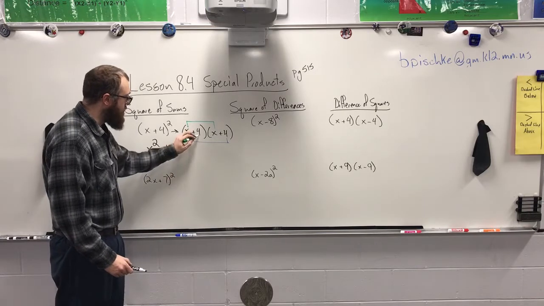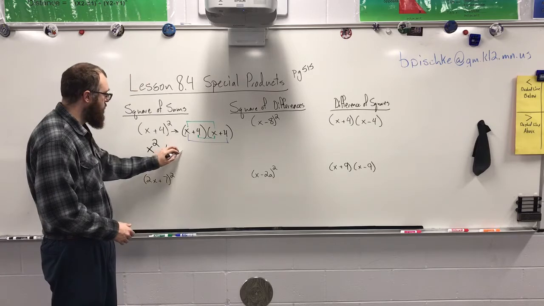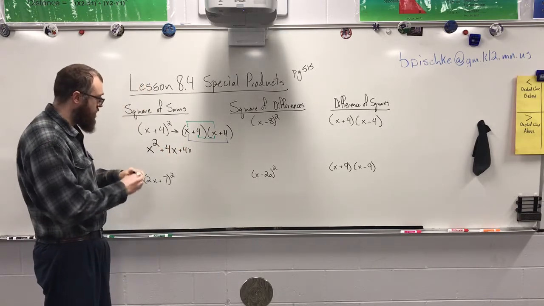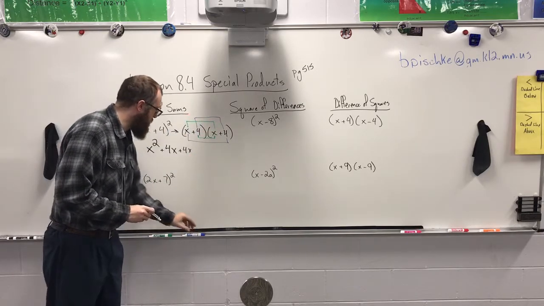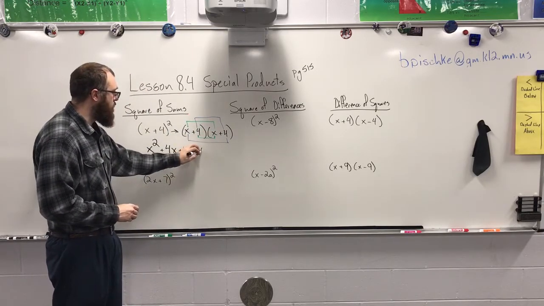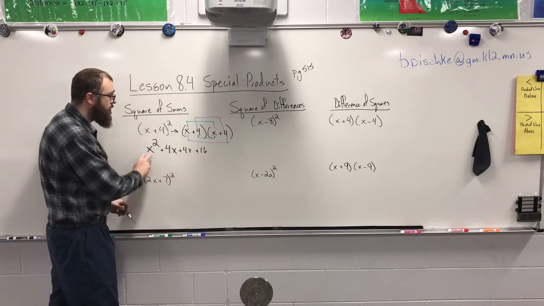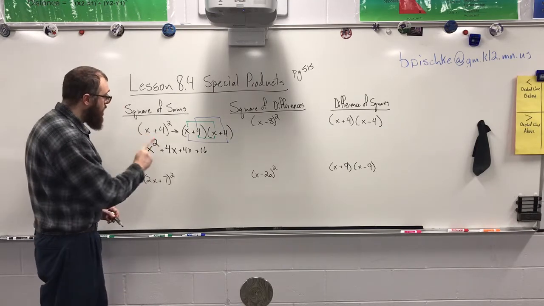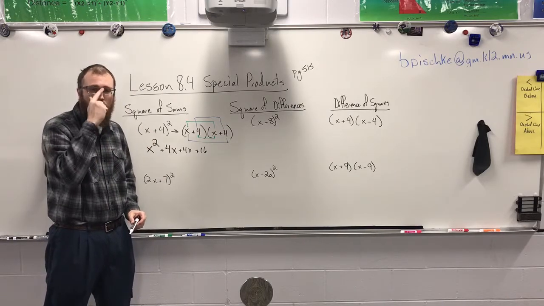Our insides, 4 times x, also gives us 4x. And our lasts, 4 times 4, gives us 16. Now you'll see that there are components of what we talked about if you just squared this out. However, just squaring those two pieces does not give us the solution that we need.